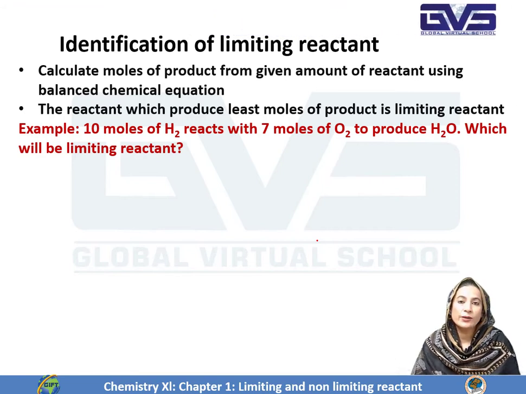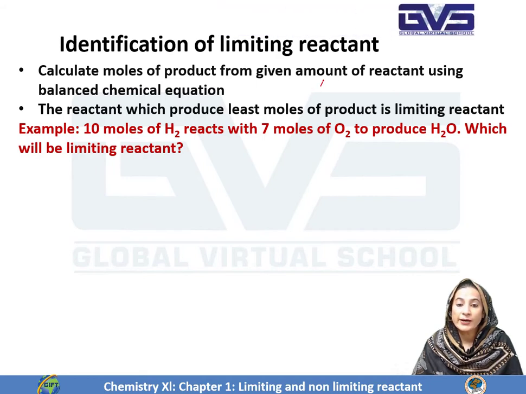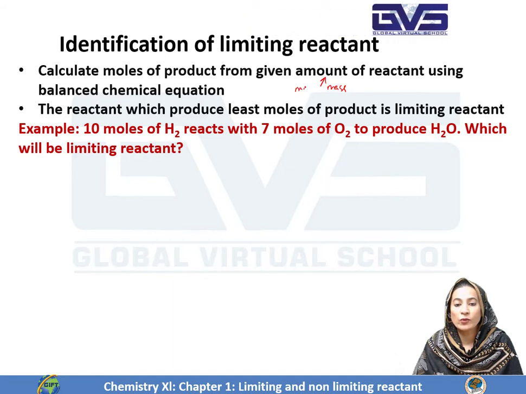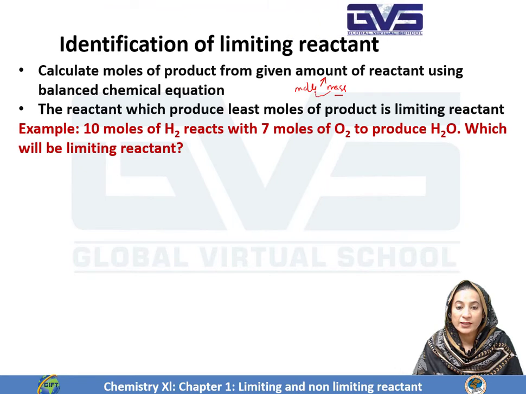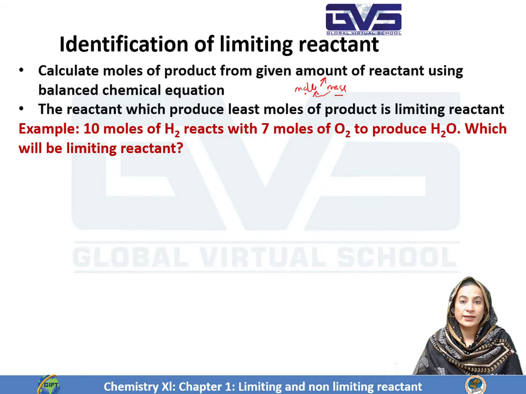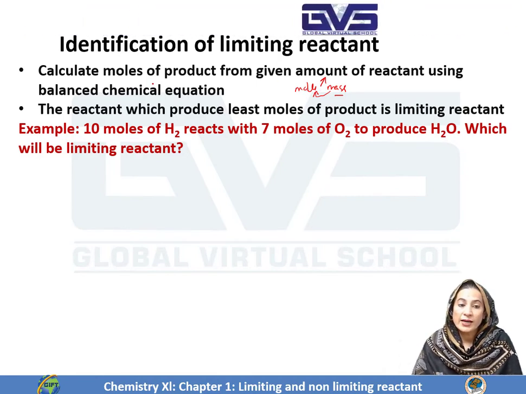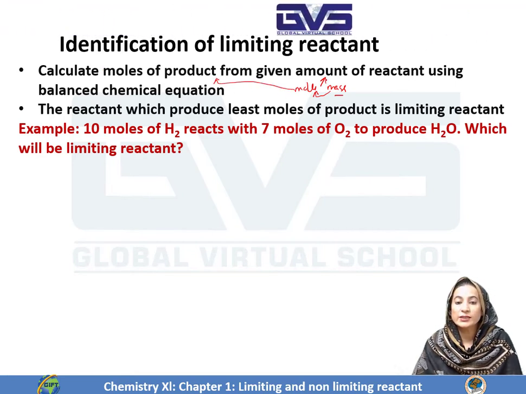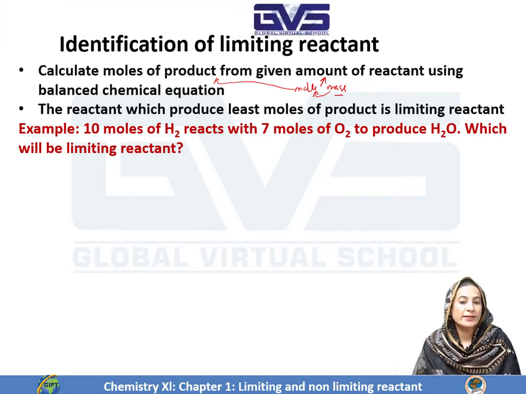First of all, calculate the moles of product from the given amount of reactant. The reactant amounts can be given in the form of mass or in the form of moles.